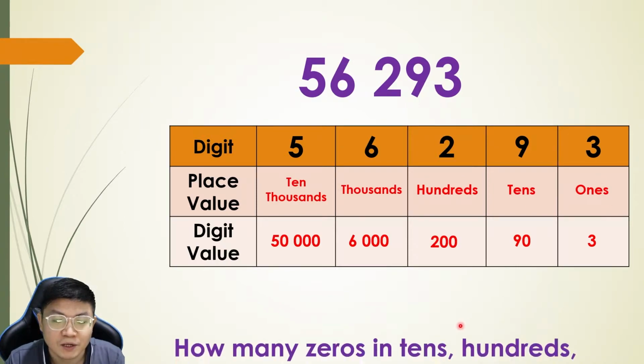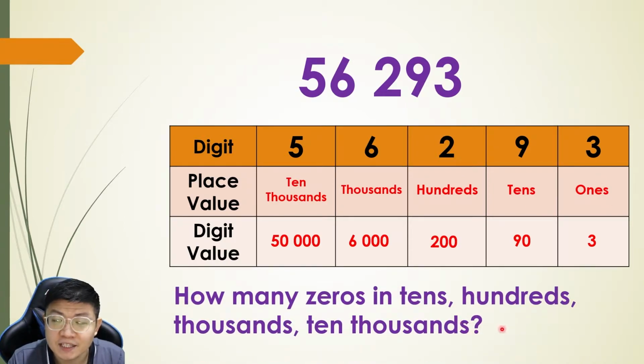So next one. How many zeros in tens, hundreds, thousands, 10,000s? If you look at tens, it only represents 1 zero, whereby hundreds, 2 zeros, thousands, 3 zeros, 10,000, 4 zeros.